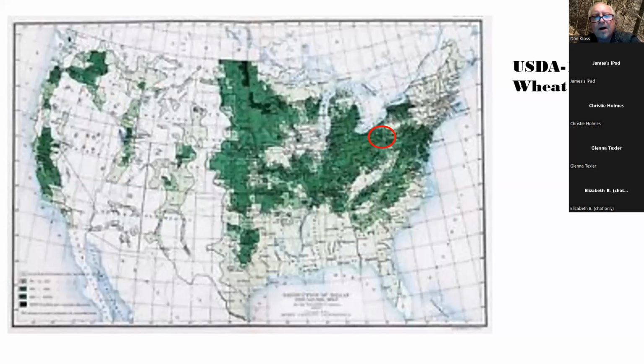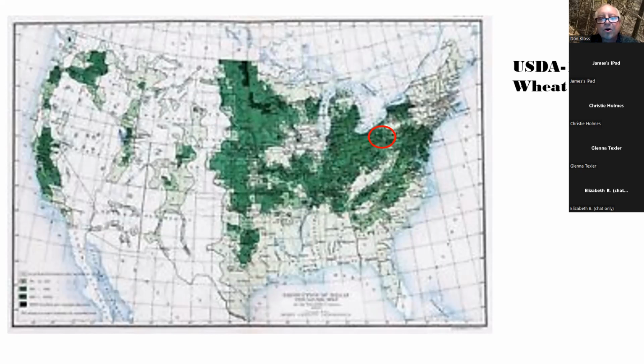Now, the first thing I wanted to bring up is that this is a 1900 map that was produced by the USDA, and this shows in the dark green everywhere in the United States in 1900 where wheat and oats were being produced.